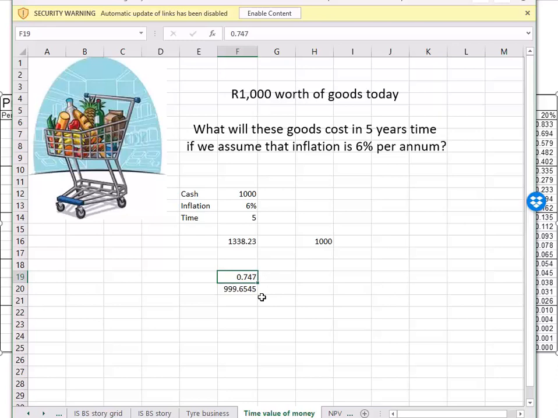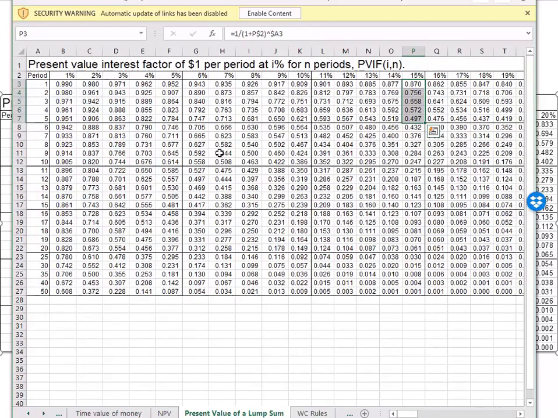So instead of using the formula to get us back to 1,000, we might use a factor to get us back there. And really the way these factors are calculated, if I show you my NPV table here, if we have a look at this formula, we will see it is taking 1 Rand or $1 according to the table.